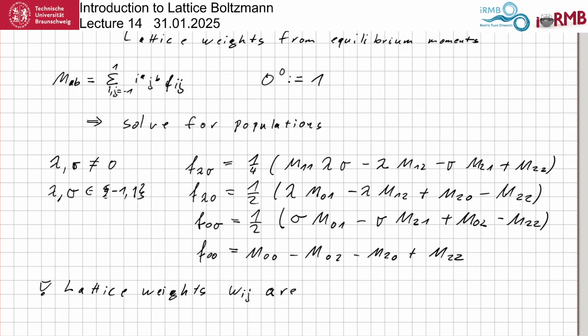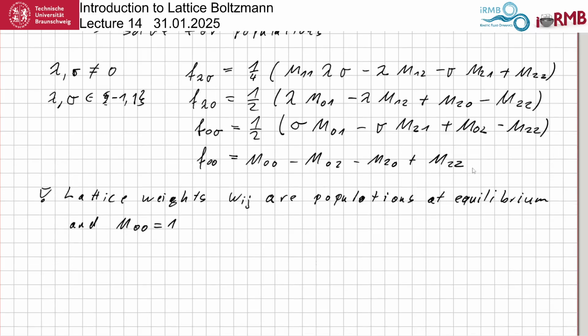Lattice weights are the populations at equilibrium and M00 equal to 1. So, I mean, for density 1.